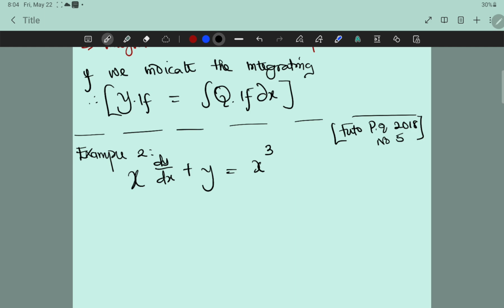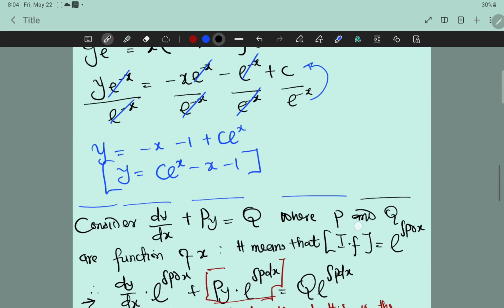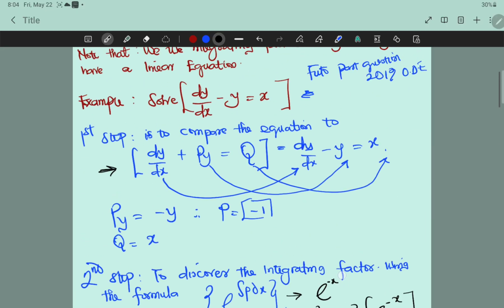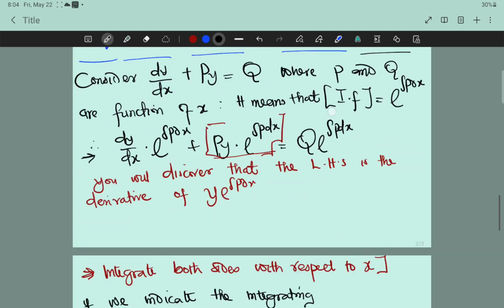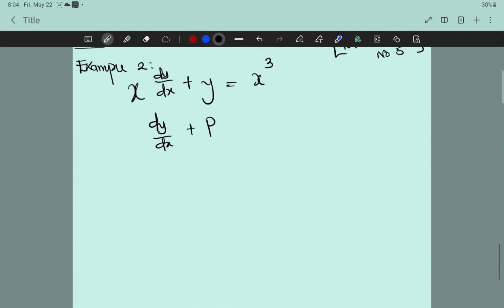You can't compare this to the regular equation that you have always compared it to, dy/dx + py = q, just like that because of this x here. So what do we do? We divide both sides by x.